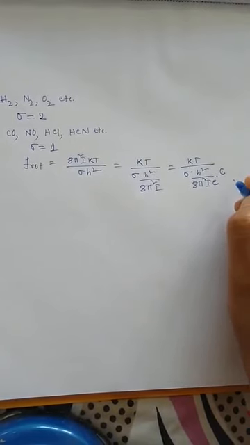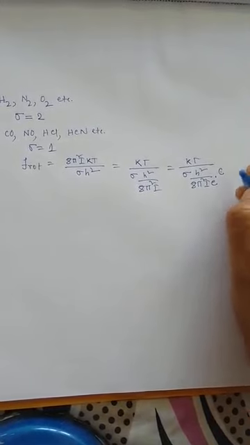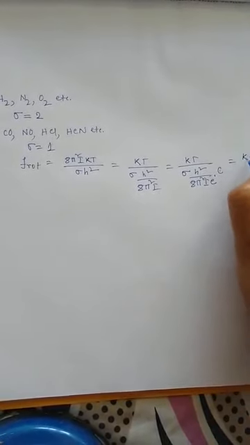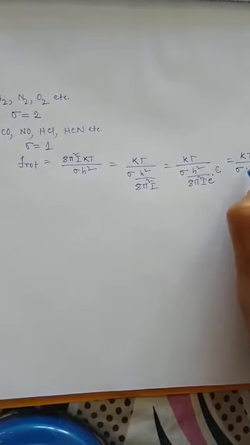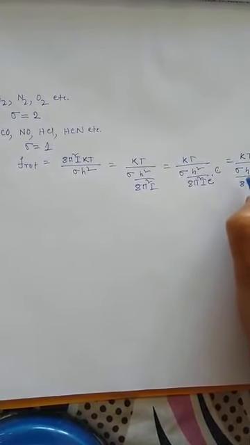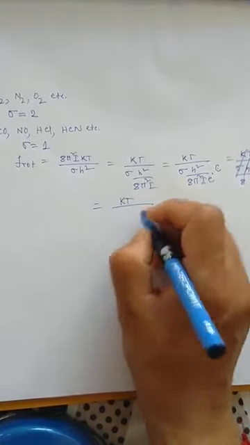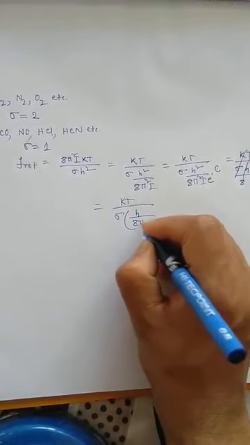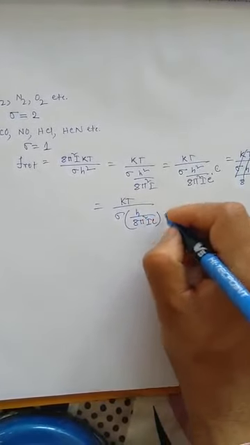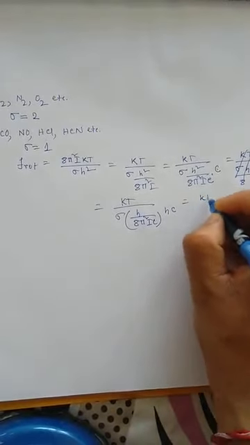So h square by 8 pi square I c. I can arrange a little bit more: kT by sigma into h by 8 pi square I c, one h here and the c.